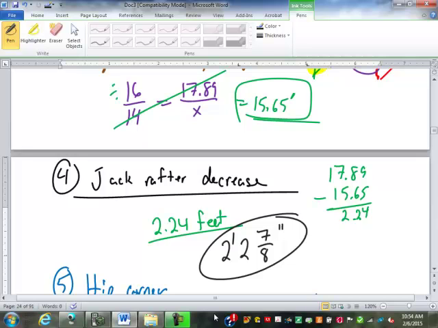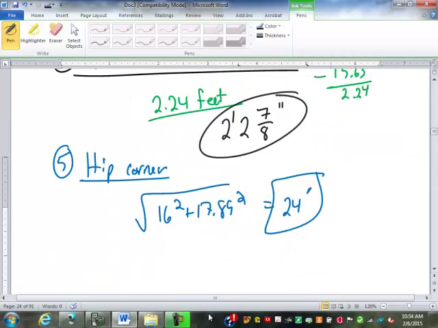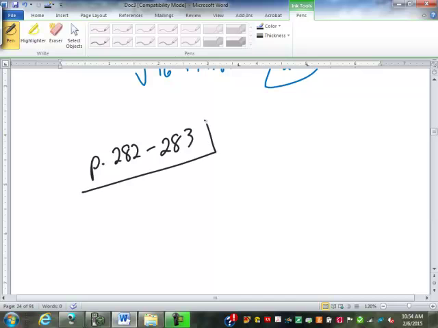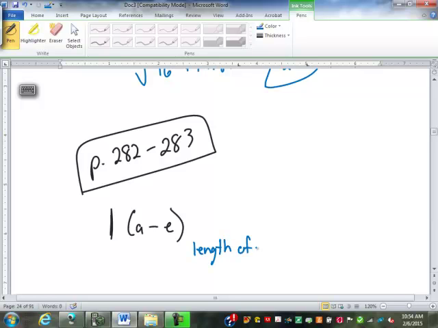Here's what we're going to do in your packet. Page 282 to 283 in the packet. Problem number 1, parts A through E. You are going to find for each of those the length of the common. Start on the bottom of page 282, where it says review exercise.